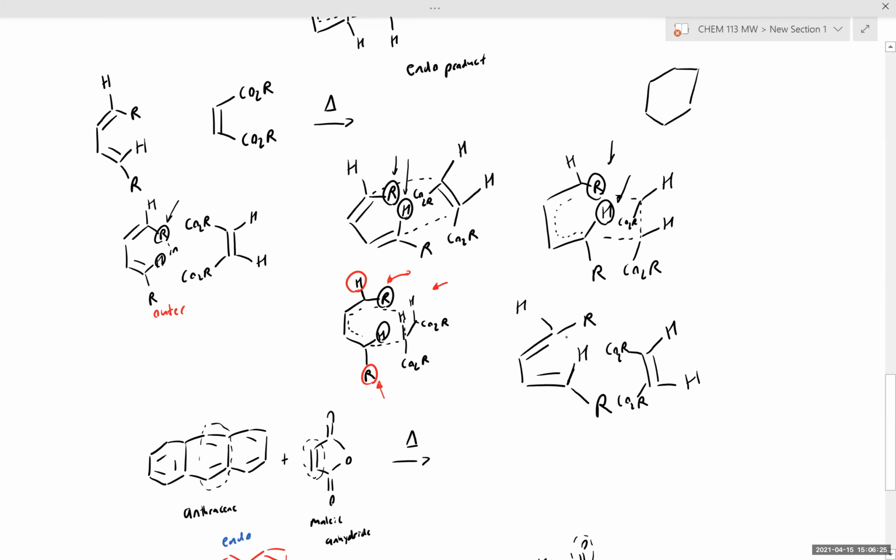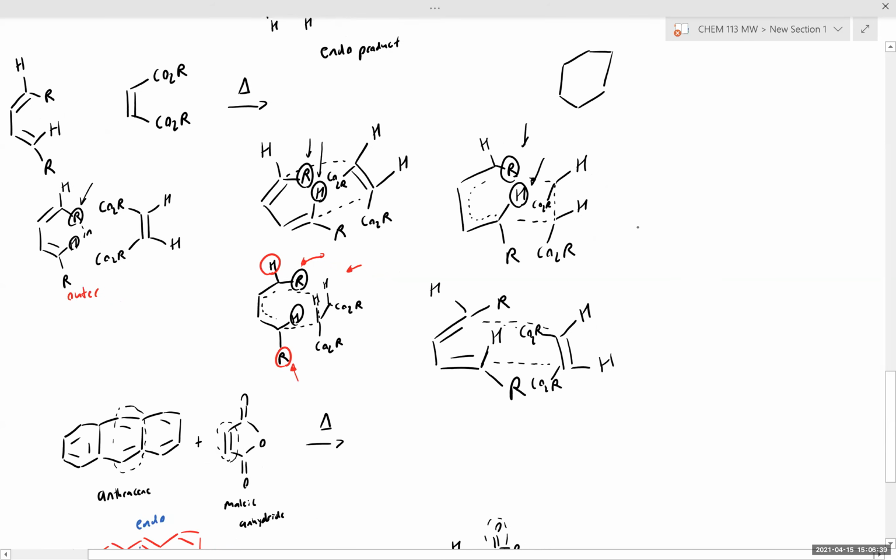Okay. So as part of this approach, what we can see is from this side-on view that I drew previously, the R group and hydrogen on these inner positions end up being forced up during the approach.